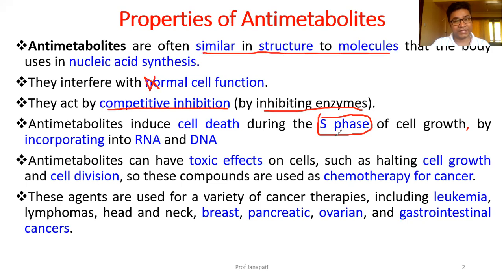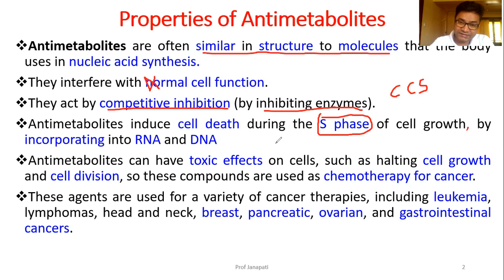In the cell cycle, S means synthesis. They block the S phase where DNA and RNA are formed. So they are cell cycle specific drugs.